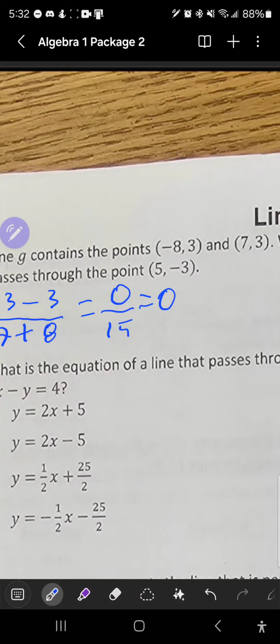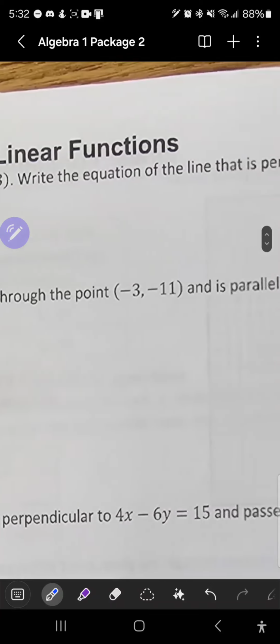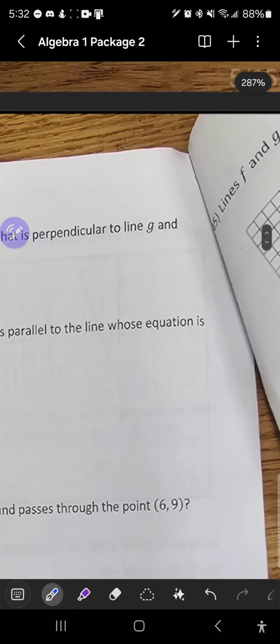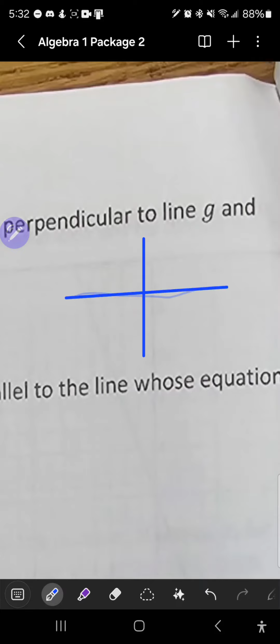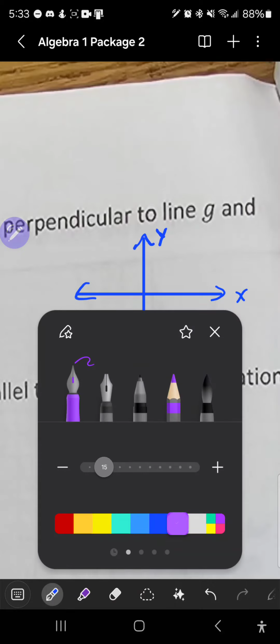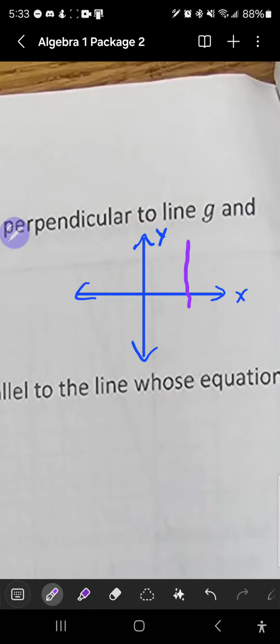What does that mean? Basically, when your slope is 0, it's just this. We have this graph right here, and these are the x's, these are the y's, and we have a slope of 0. Is this a vertical line?